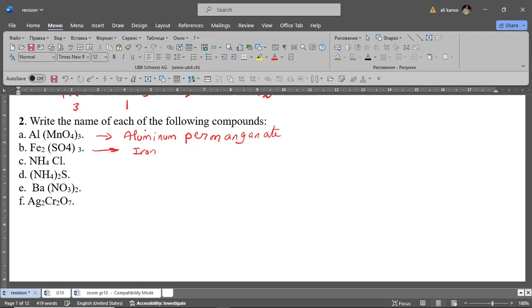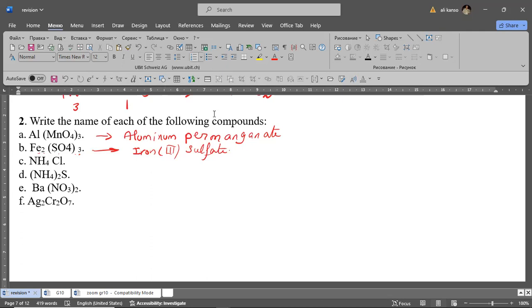How do I know whether it is iron 3 or iron 2? Let us see. If it is 2 and 2, there would be no numbers, but we have SO4 beside it with 3. This one is iron 3 and sulfate, SO4, sulfate. Okay.